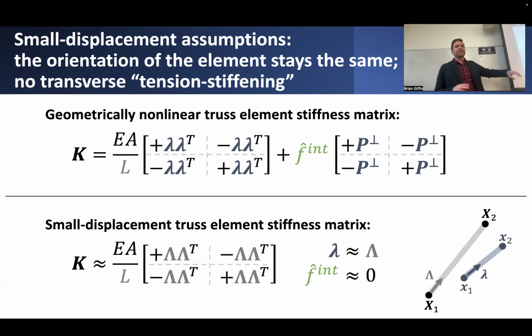Suppose I were to try to relate this expression that I've just derived with the expression that we've previously derived, assuming small deformations and small displacements. That's equivalent to saying, well, as we mentioned before, just assume that the axis or orientation of the member stays relatively the same. So replace lowercase lambda, the current deformed orientation of the member, with capital lambda, the original orientation.